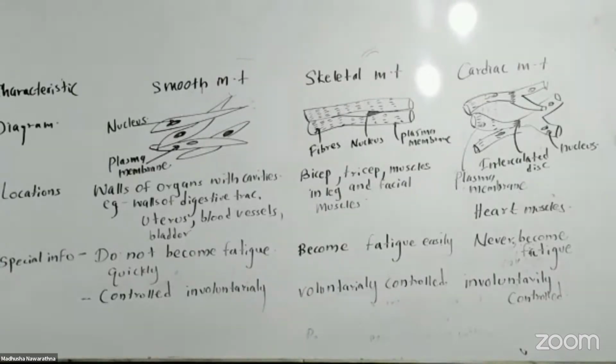They get tired quickly, become fatigued, and are controlled voluntarily. We control them deliberately. Finally, cardiac muscle tissues never become fatigued, and also they are controlled involuntarily. Hurry up and copy this.